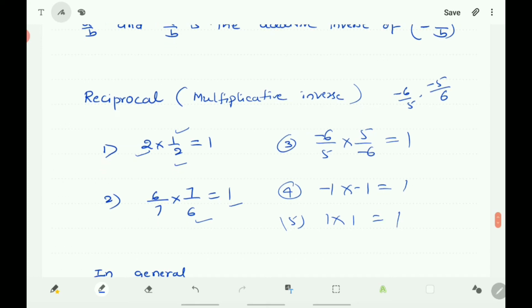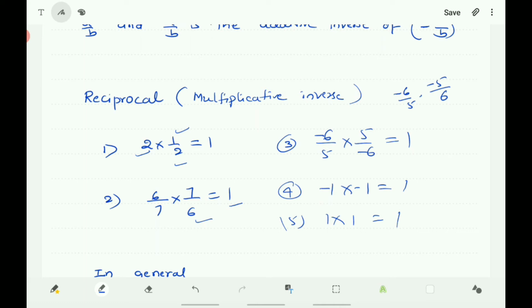Next, you know that minus 1 into minus 1 is equal to 1. Therefore you can say that the reciprocal or multiplicative inverse of minus 1 is minus 1. And the reciprocal of 1 is also 1, because you know that 1 into 1 is equal to 1 and also minus 1 into minus 1 is equal to 1.